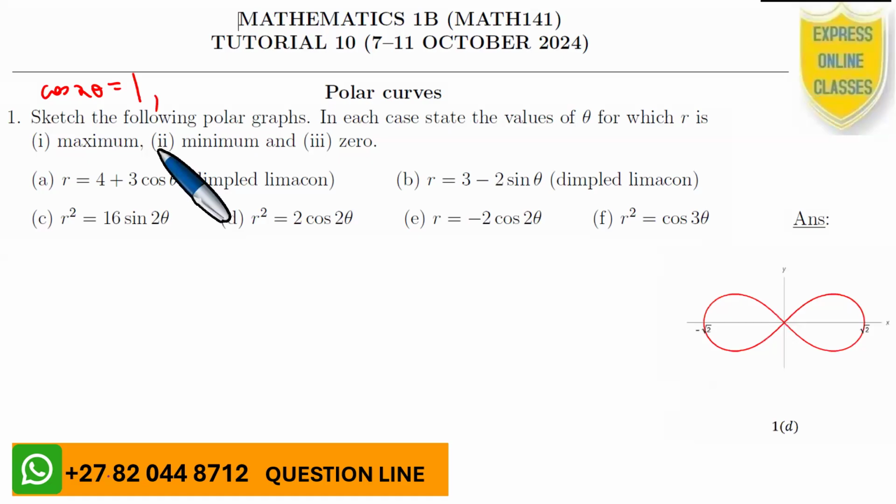Then you do the arc cosine. So it's going to be 2 theta equals the arc cosine of 1, and then it becomes what? Which is 0, or 2 pi.